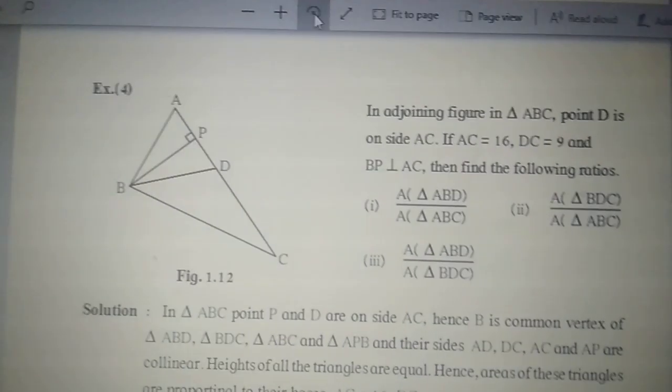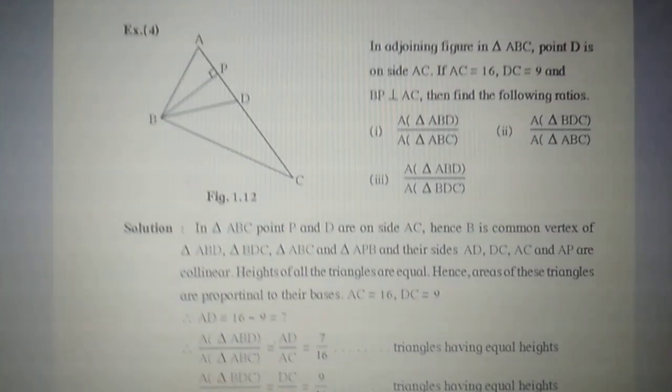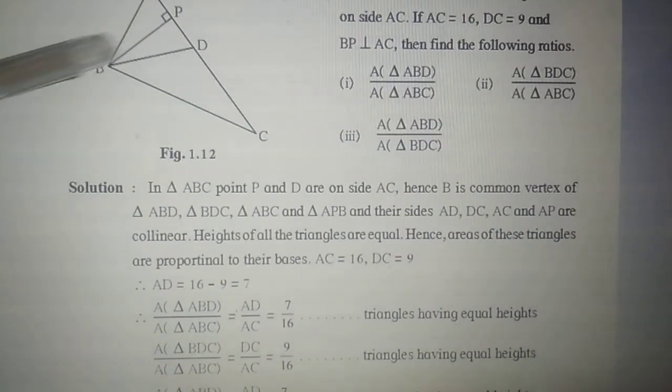Now like this. Okay, now see here. This BP is perpendicular to AC, that is, AC is the base when we draw the perpendicular from B to AC.